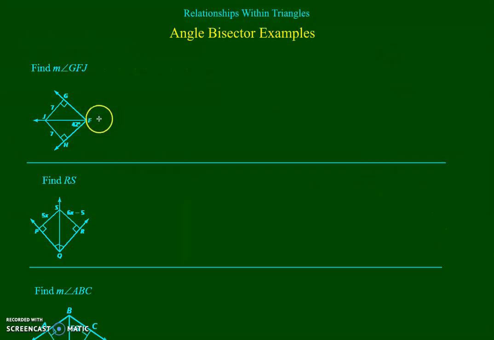In this example, we're looking for angle GFJ. So here we see that point J is equidistant from the sides. Therefore, by the converse of the angle bisector theorem, we know this is a bisector of angle GFH. So if this is 42, then we know that angle has to be 42 degrees.